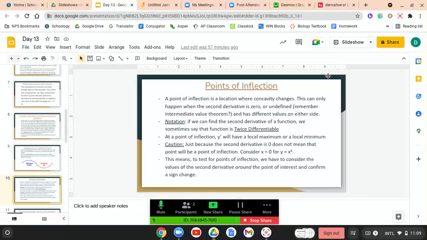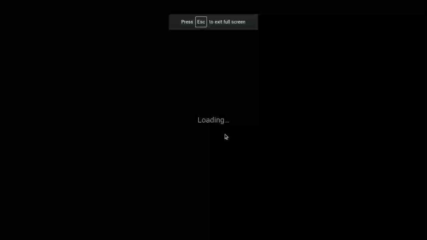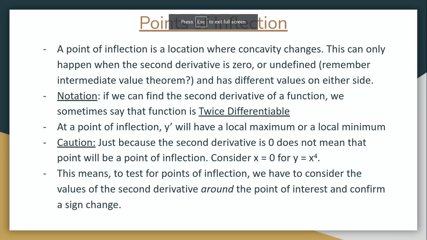So this can only happen when the second derivative is 0 or undefined. And as for the undefined thing, it's the same kind of logic for why maxima can occur at 0 or undefined, right? Maxima occur when the first derivative changes from negative to positive, right? So that occurs when the first derivative is 0 or undefined.